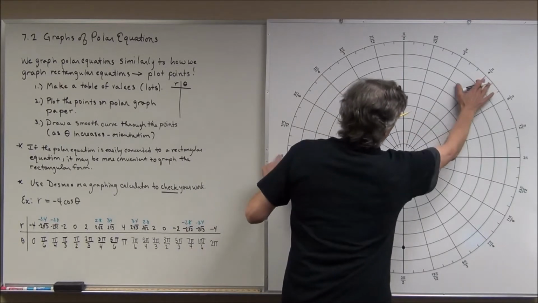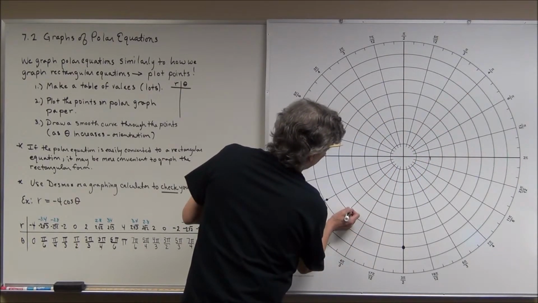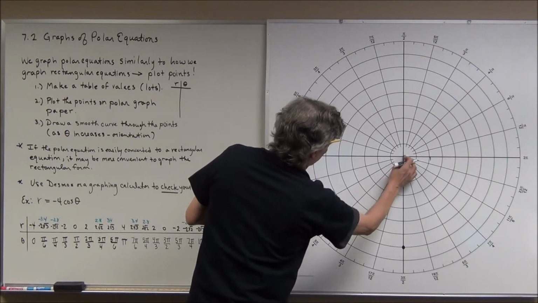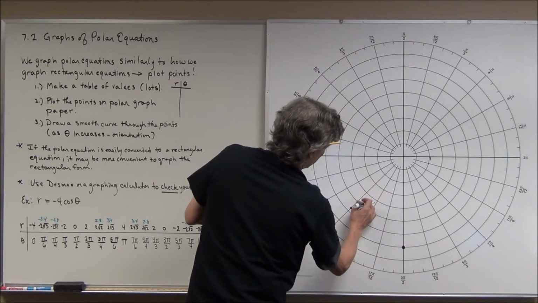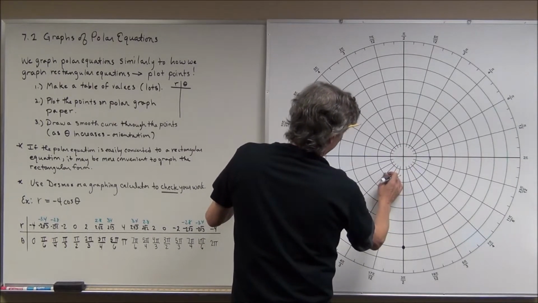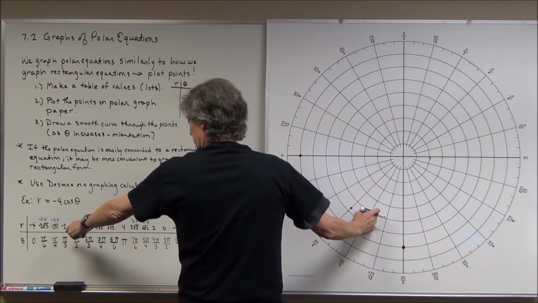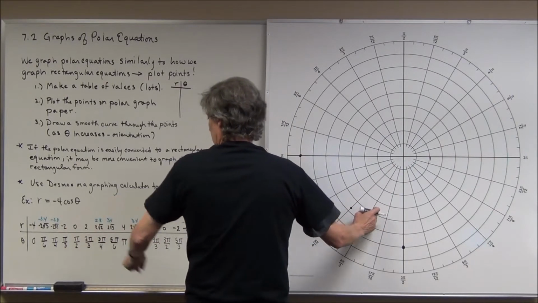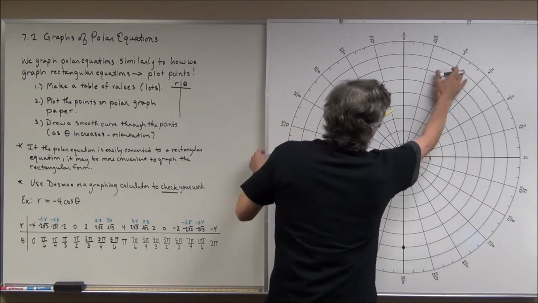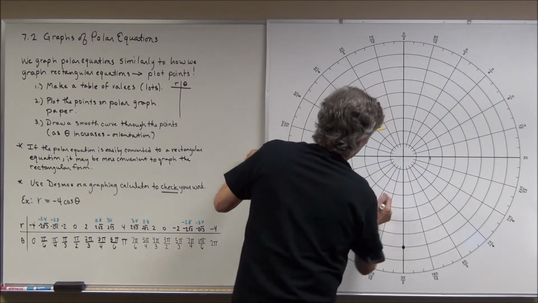So pi over 4 is this way, going in the exact opposite direction. 2.8 would be about here. Let's make sure. 1, 2. Uh-oh, did I mess up? 1, 2, no, 2.8. Doubled up there. And let's see what's next. Negative 2, pi over 3. Pi over 3 is in this direction, but negative 2 would come back this way. 1, 2 would be right here.